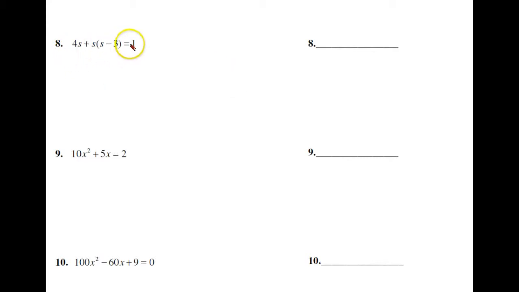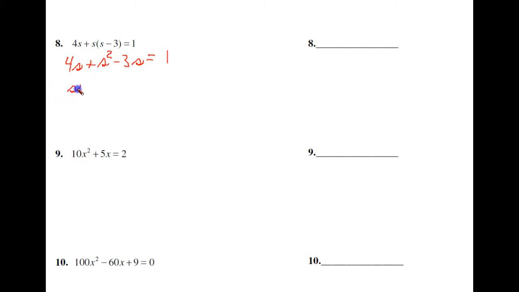Not going to do them all, but we have to recognize what is our A, B, and C. So here we have 4s plus s squared minus 3s equals 1.